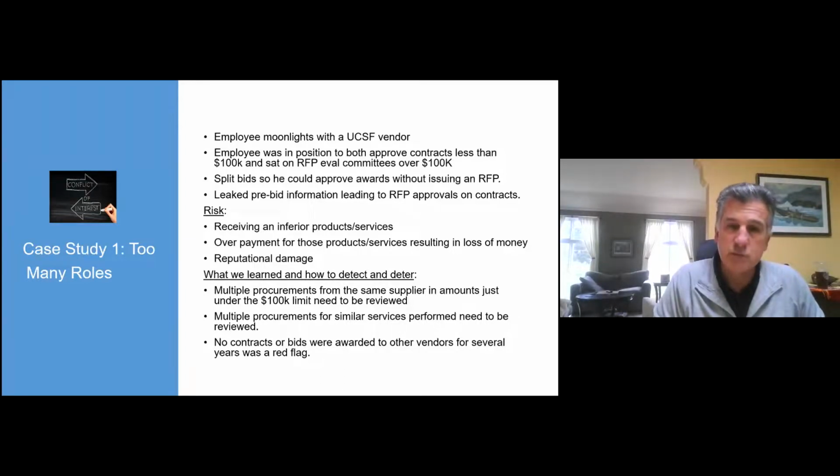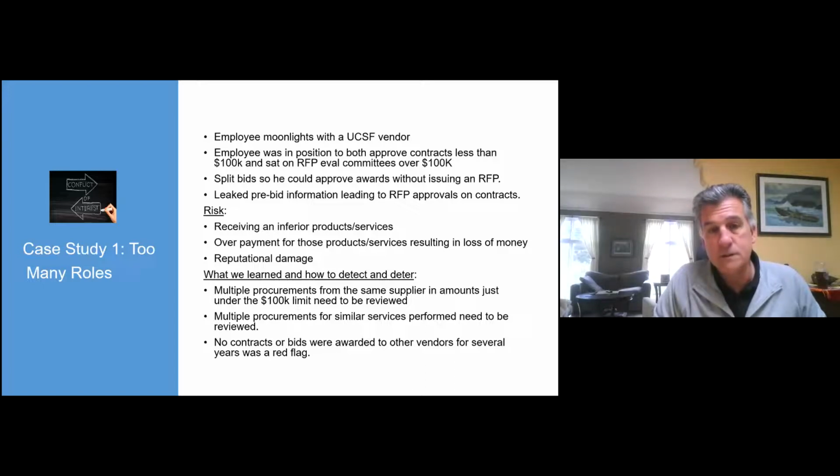He had the ability to split bids so we could approve those things under $100,000 without sending them to the RFP. And then when it did have to go on to an RFP evaluation process, he leaked the pre-bid information, leading to the RFP being approved on the contract in favor of the vendor for whom he was moonlighting.